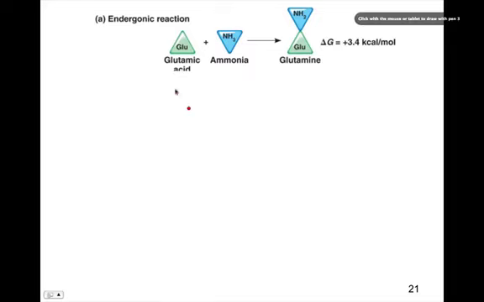Our book shows this idea of coupling chemical reactions. So it says, here's a simple chemical reaction, and it has an overall delta G of plus 3.4, like that. So it's endergonic.